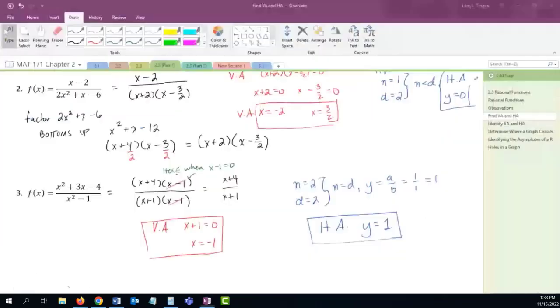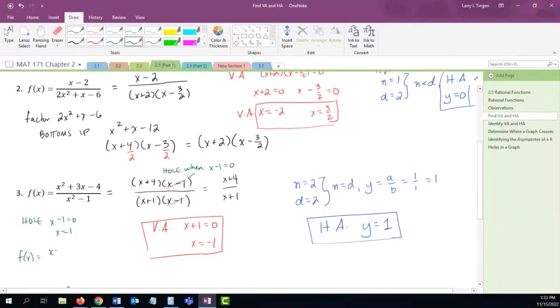Now, if I wanted to find that value, let's just write this up all the way. We said there's a hole when x is 1. So I then take that reduced form after I've already divided out the hole, x plus 4 over x plus 1, and I plug in the value that I found is going to cause the problem.